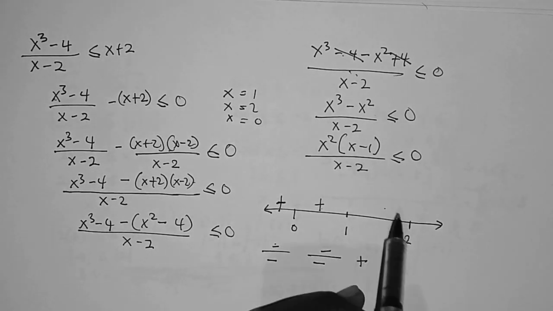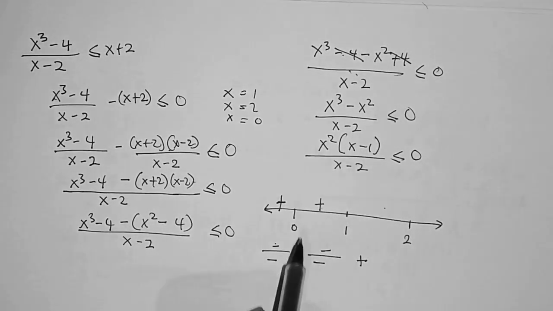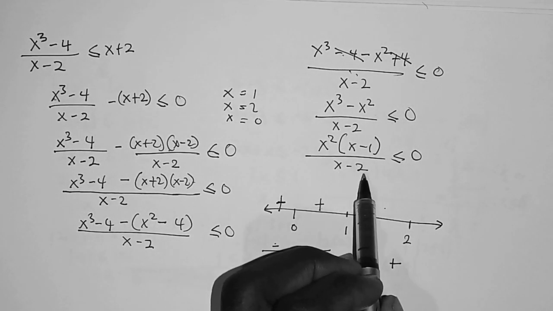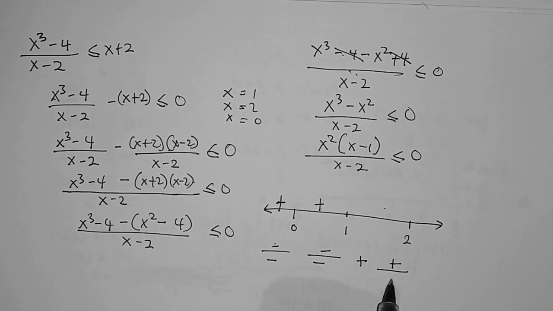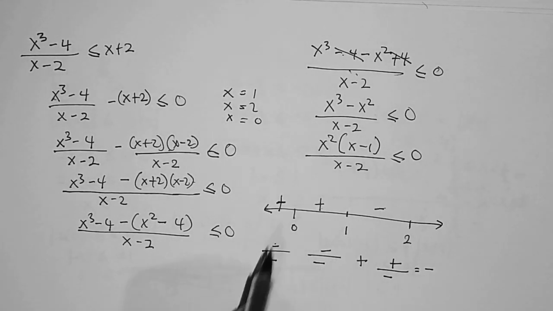Let's take values between 1 and 2. For example, 1.5. 1.5 minus 1 will give a positive number, and 1.5 minus 2 will give a negative number. So a positive number divided by a negative number is a negative number. So we see that this region is one of the required regions.